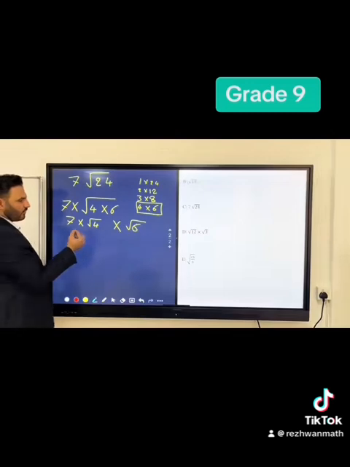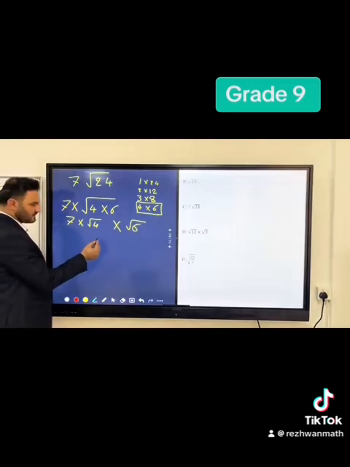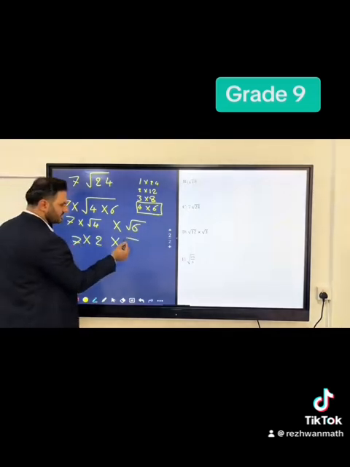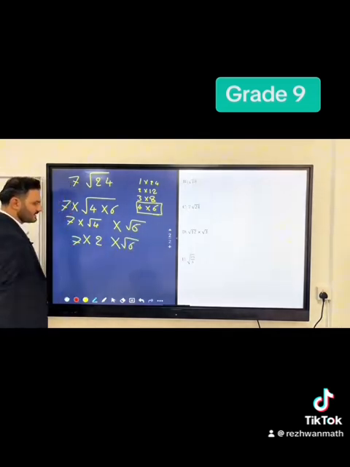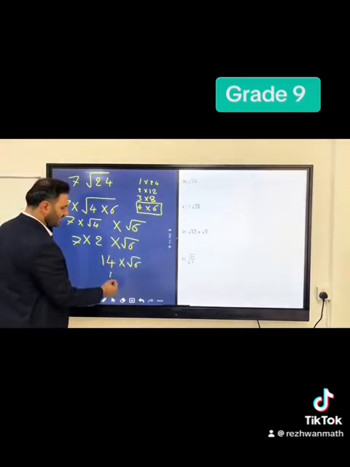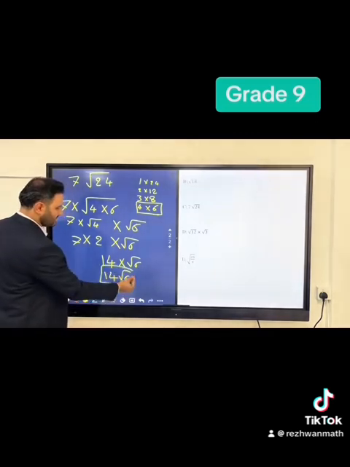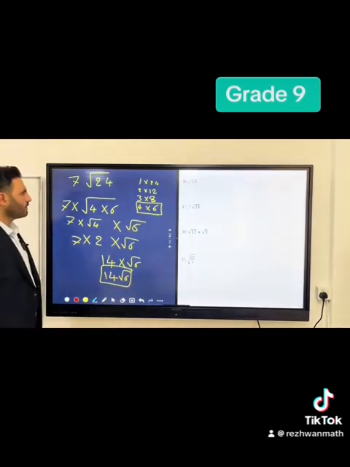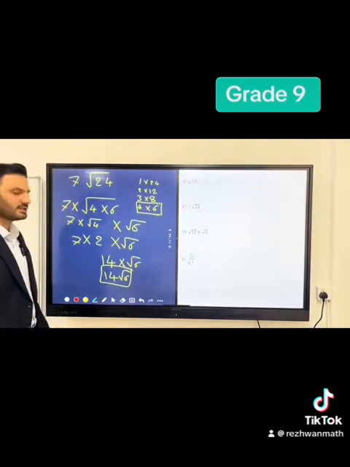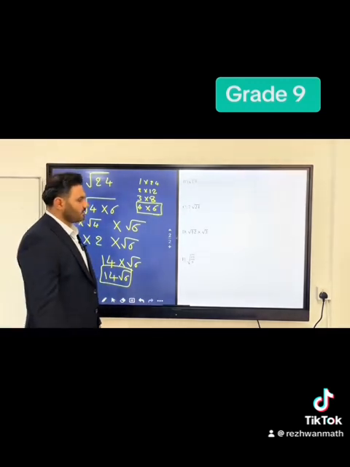The square root of 4 is 2, because 4 is a perfect square, so 2 times 7 times the square root of 6. 7 times 2 we get 14 times square root of 6. We can write 14 square root of 6. The simplest form of 7 square root 24 is 14 square root of 6.